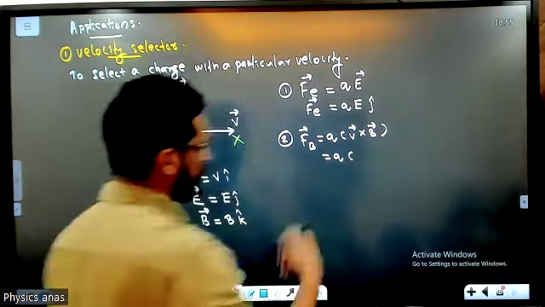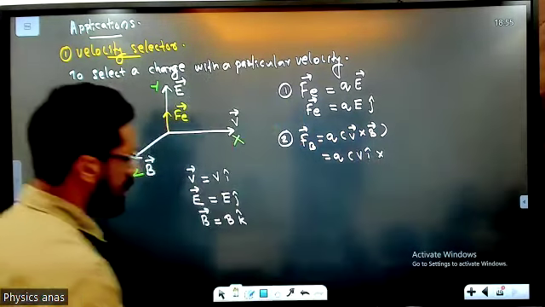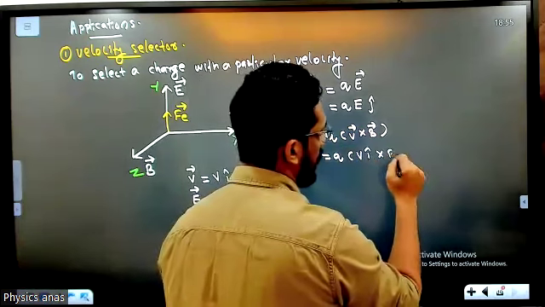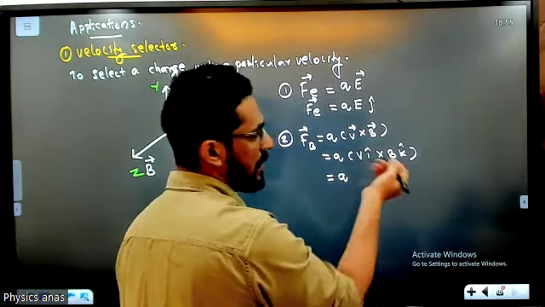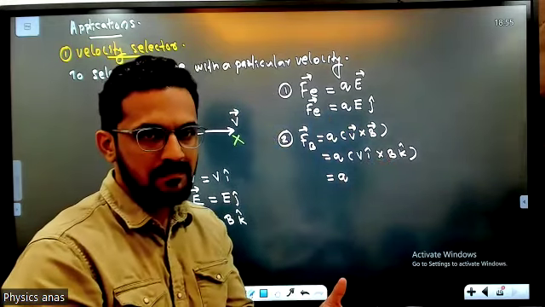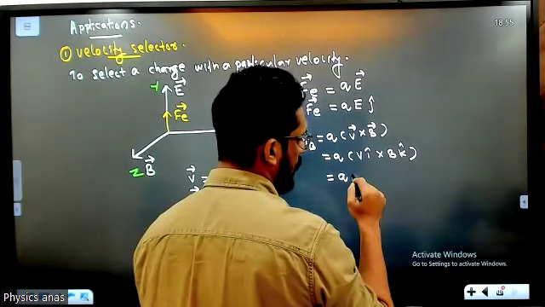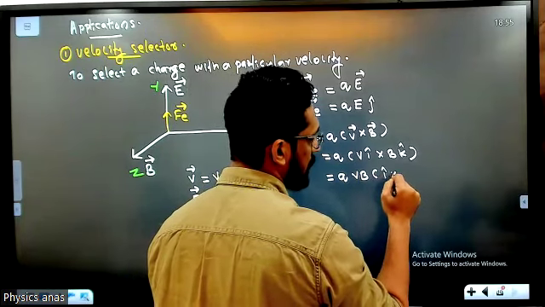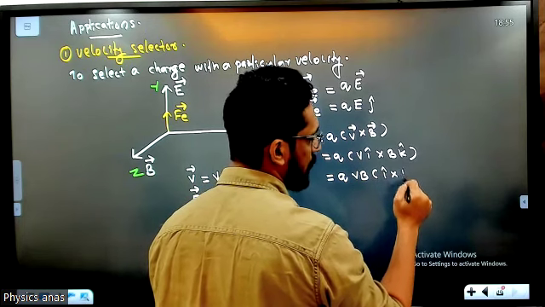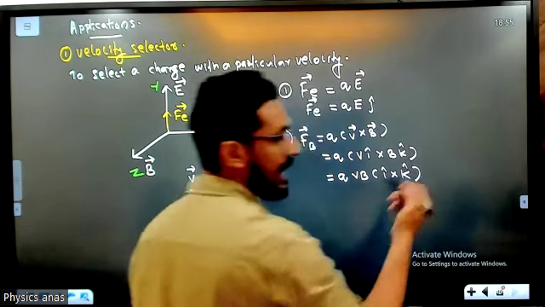Q into V i cross B k. V and B are magnitudes, so you can take them out. Inside the bracket, there is i cap cross k cap. What is i cross k?